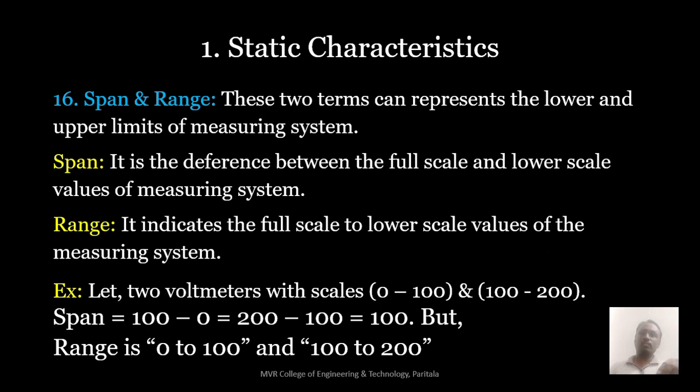This is the major difference between span and range. We have to consider span, range and all these static characteristics before selecting a transducer for a particular instrument. Only then can that instrument show the output in an accurate and precise way.